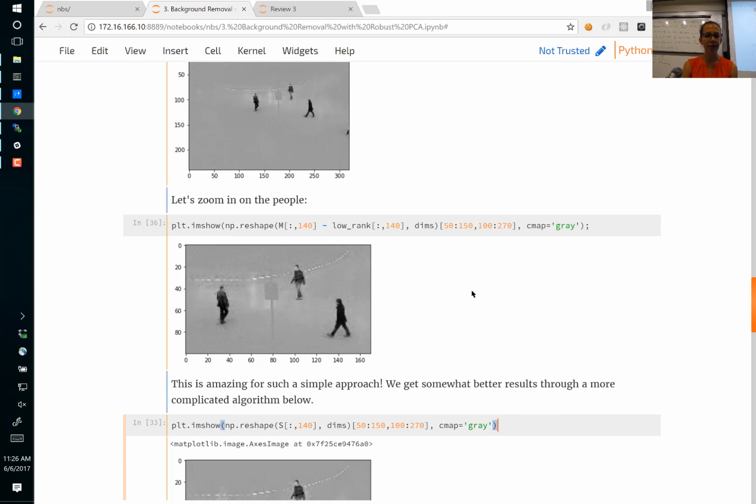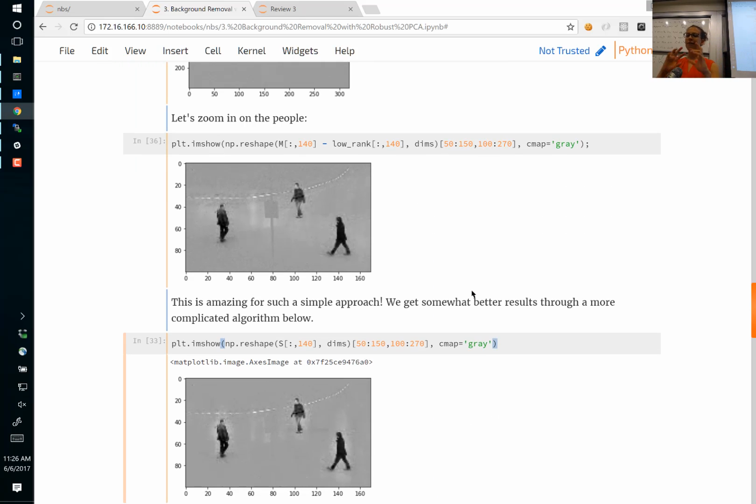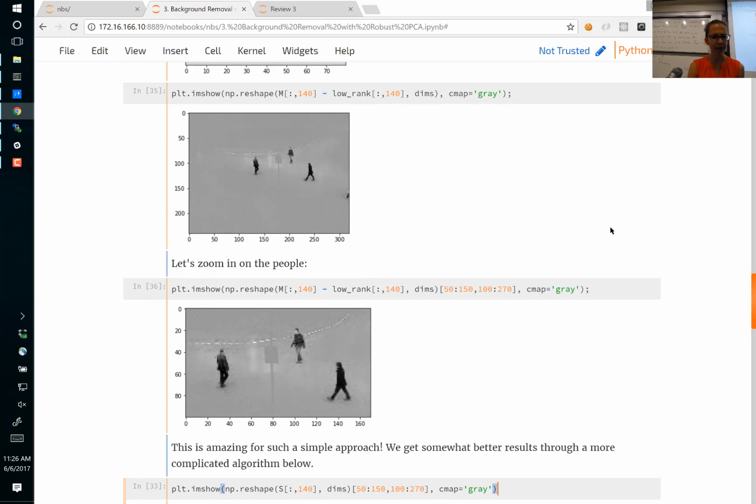Let me go back through some of the steps of the algorithm now. I'm going to display some different information than I did last time, so hopefully that gives a different perspective.